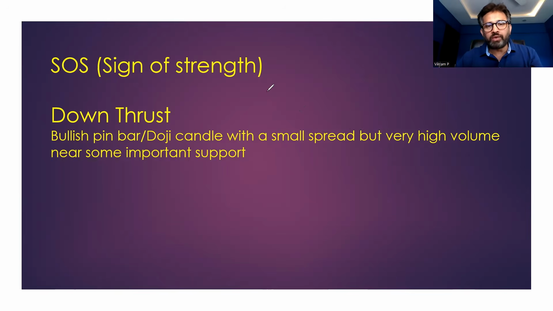Because as per Wyckoff's volume spread analysis, whenever spread is big, that means if the candle is big, then volume should also be big. When the candle is small, volume should also be smaller. That is the volume spread analysis. So when there is a small candle like a doji or pin bar but huge volume, there is a divergence, an imbalance between buyers and sellers.